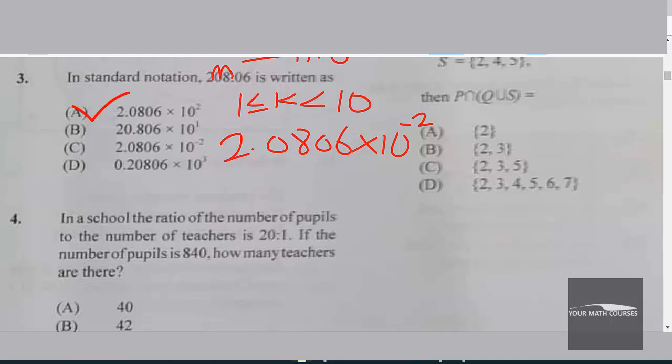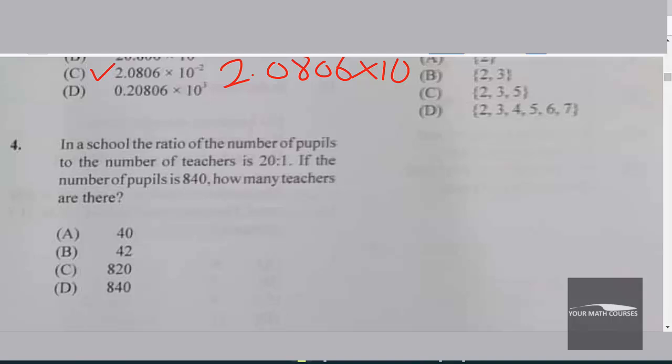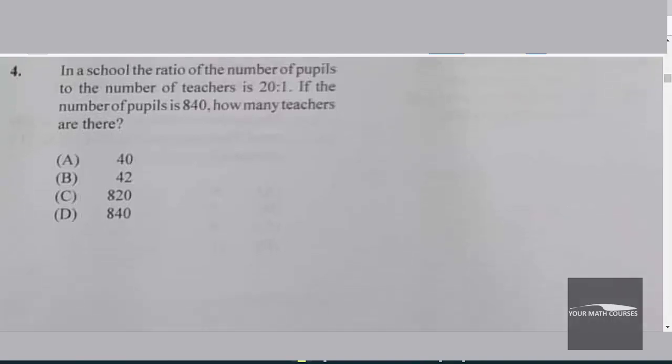In a school, the ratio of the number of pupils to the number of teachers is 20:1. If the number of pupils is 840, how many teachers are there? So teachers is to pupils is equal to 20:1.